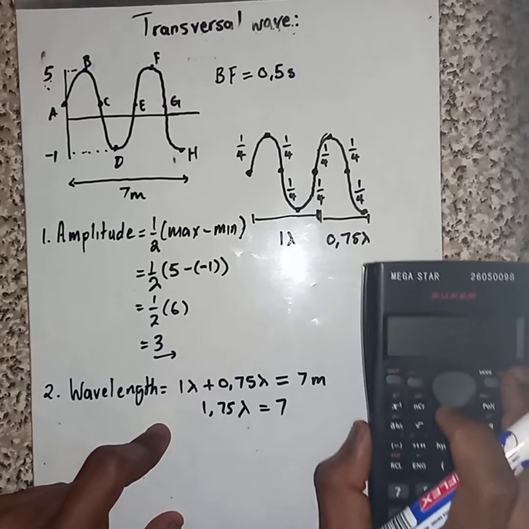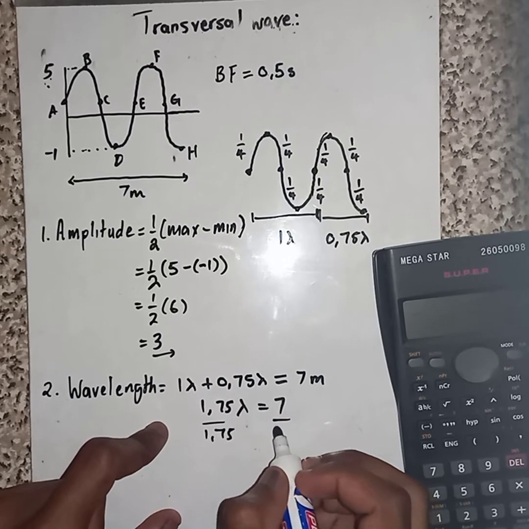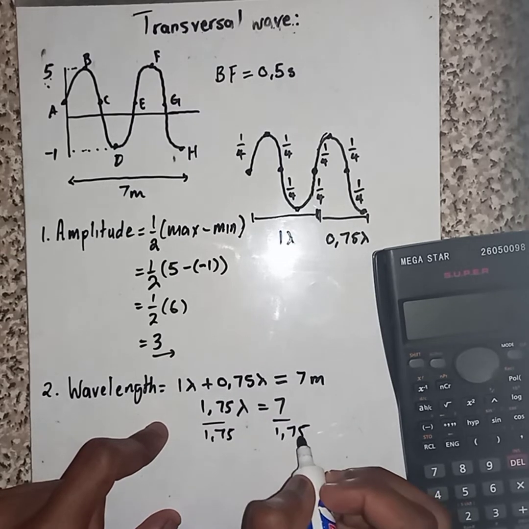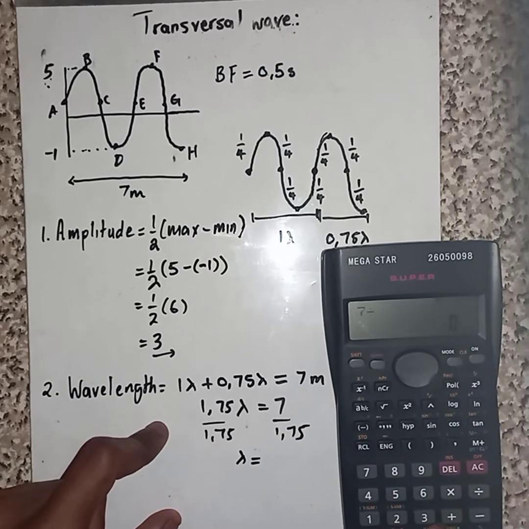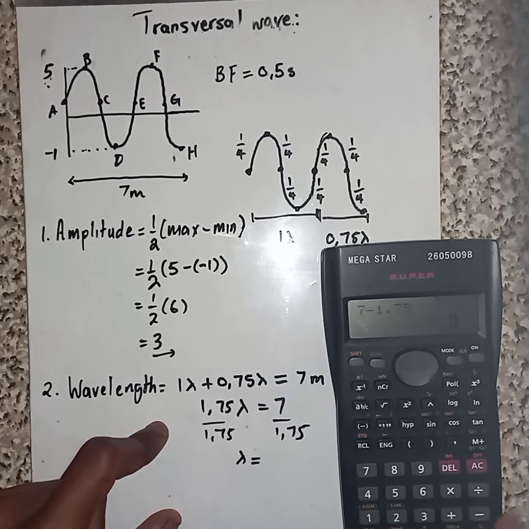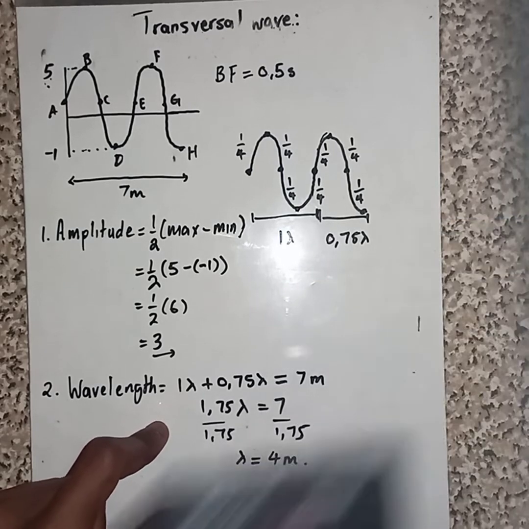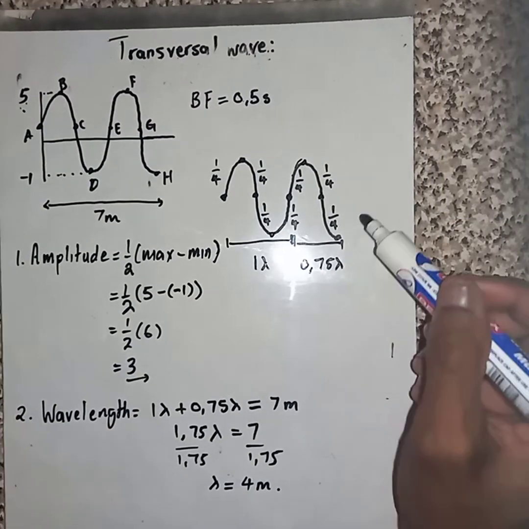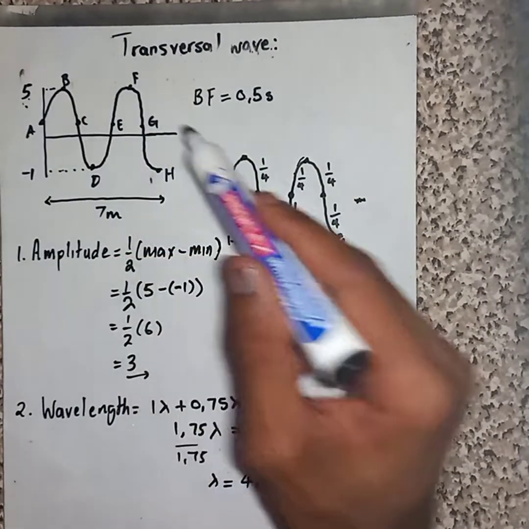Let us take our calculator and solve for lambda, our wavelength. We're going to get 7 divided by 1.75, which is 4 meters. You see? Don't forget this strategy when you come across your transversal wave.